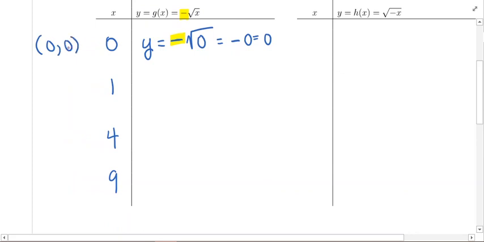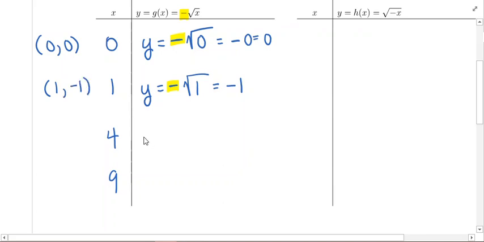Moving on to x equals 1. Y is going to be equal to negative, that's the negative sign hanging out front, square root of x, and x is positive 1. Square root of 1 is 1. So the point you're going to plot here, if x is 1, y is negative 1.